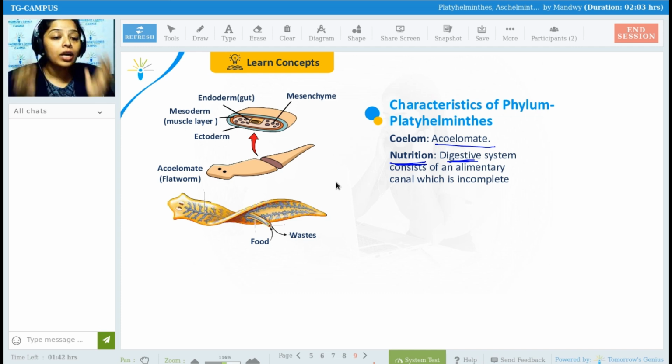That means they don't have a complete organ system, so they don't have a complete digestive system, which means the alimentary canal is not completed from mouth to anus. Clear? So how will they catch the food, trap the food, and digest the food?